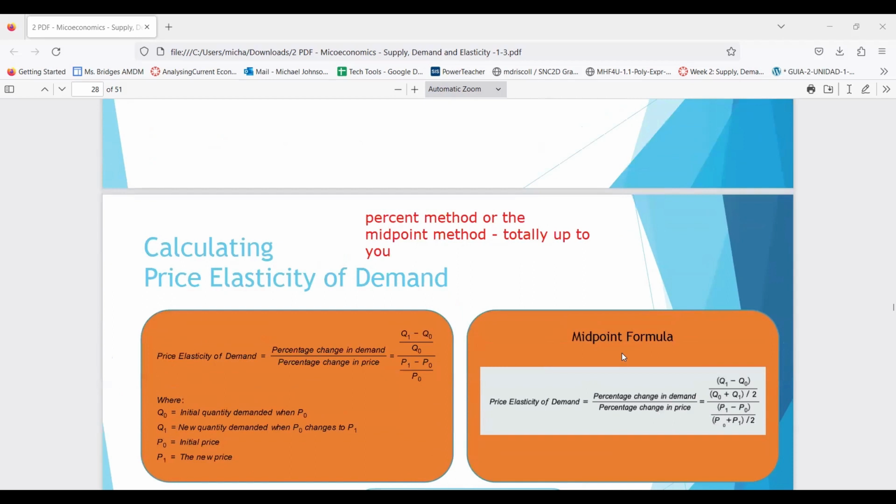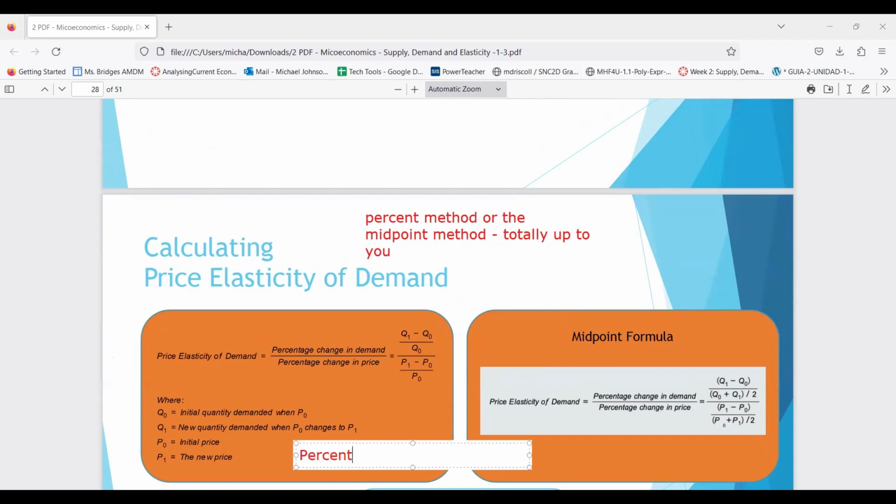So here, this is how you would do the percent method. The percent change in demand is percent.